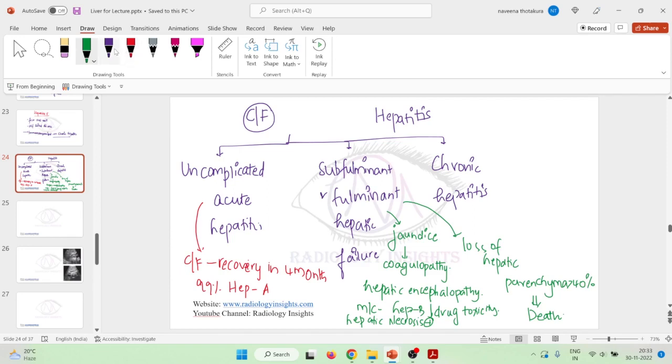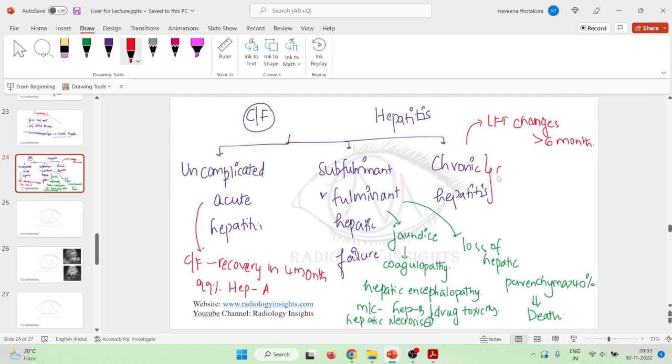Then we also have one more type, which is chronic hepatitis. In chronic hepatitis, the LFT changes present in hepatitis, like increased bilirubin, decreased albumin, and SGOT, SGPT changes, if they persist for more than 6 months, then the patient can be called chronic hepatitis.